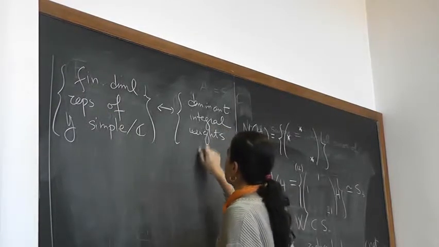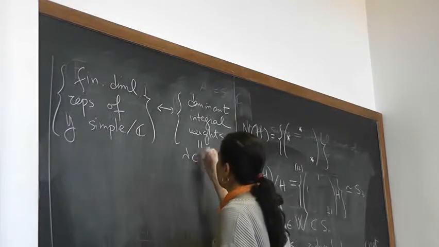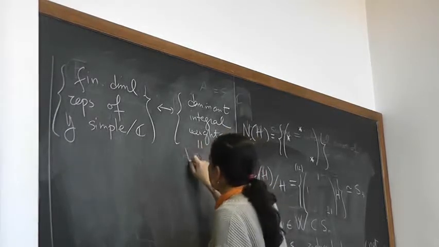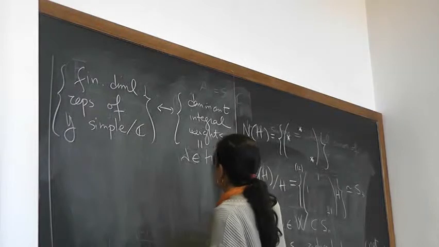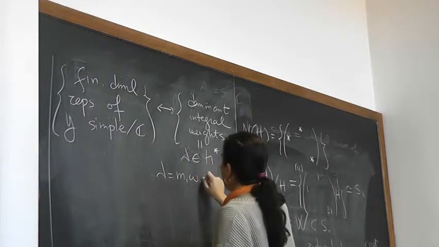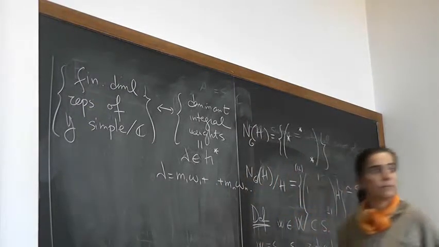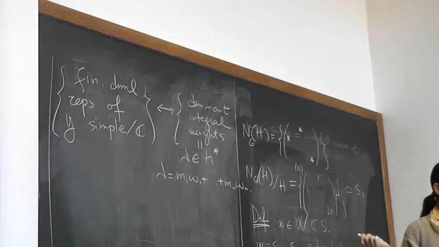That is, this means elements, let's call it lambda, in H star, that are written like this: m1 omega 1 plus ... plus mn omega n. This is what we want to say.